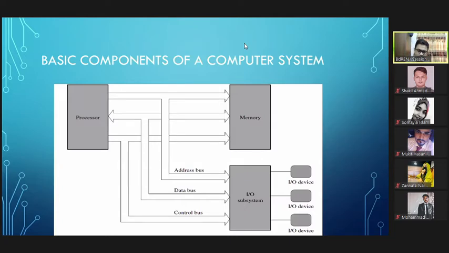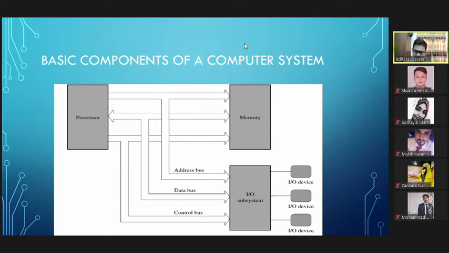The data bus is used for transferring the original data which you are going to process, by which you are going to execute your instruction. And the control bus is a special type of bus which carries controlling signals. For example, read from the memory is a control signal.